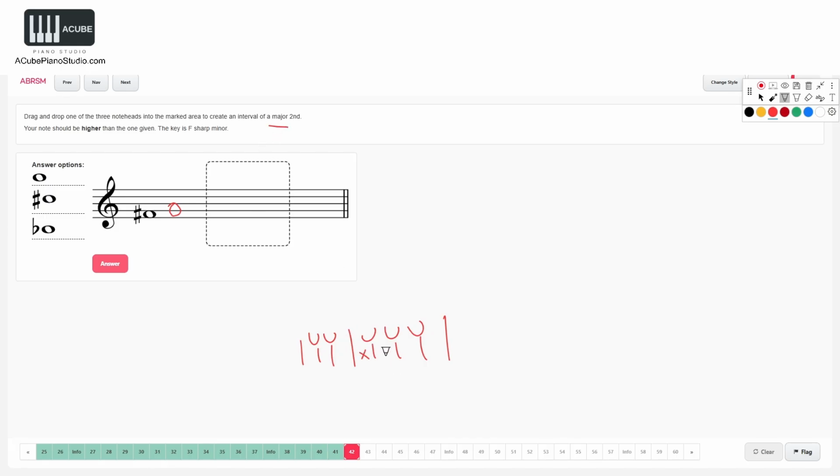If I have F major, I only have B flat in the key signature. So G will just be G. So now, this is the interval for major second. Now, if I go to F sharp, I go up, right, by one semitone. So here we'll also go up by one semitone. So I have F sharp and G sharp for major second. Okay, so therefore I need G sharp.